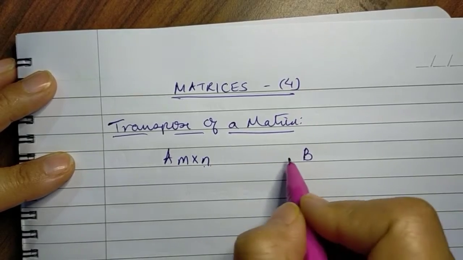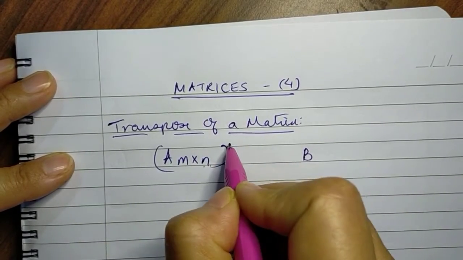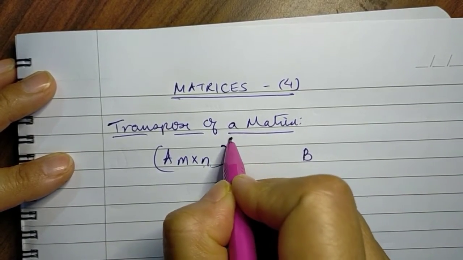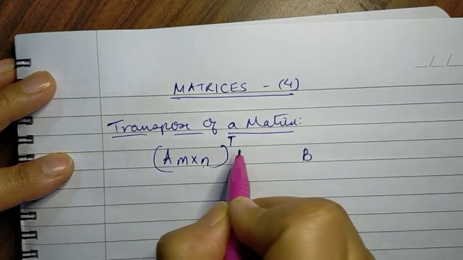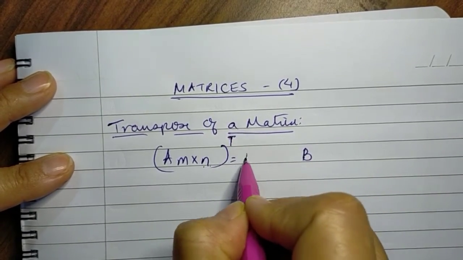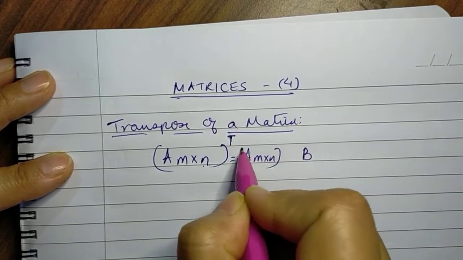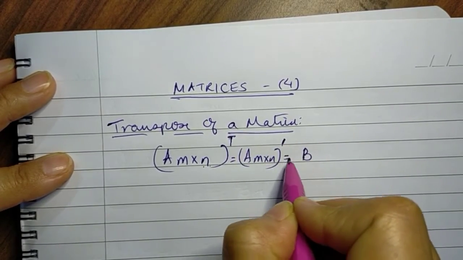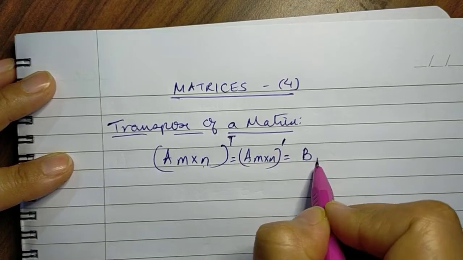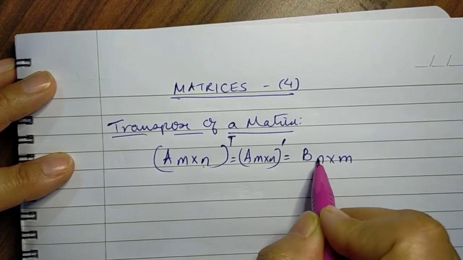So it means that the transpose of this, which is written as either A raised to the power T, or by simply A dash, would be another matrix of order n by m.